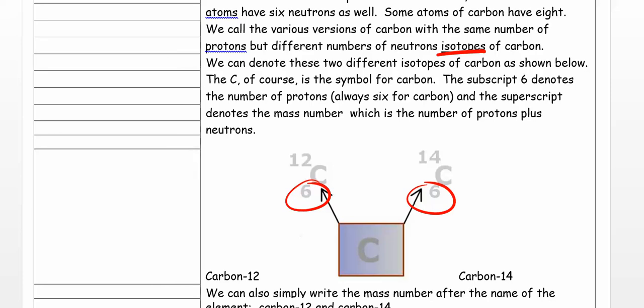But notice the difference in these 2 isotopes. This is carbon 12. This is carbon 14. Carbon 12 has a total of 6 protons plus 6 neutrons. Carbon 14 has 6 protons plus 8 neutrons for a total of 14 protons and neutrons.